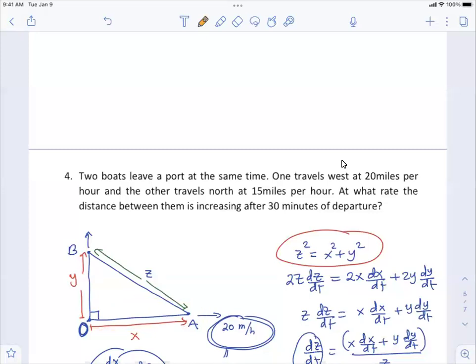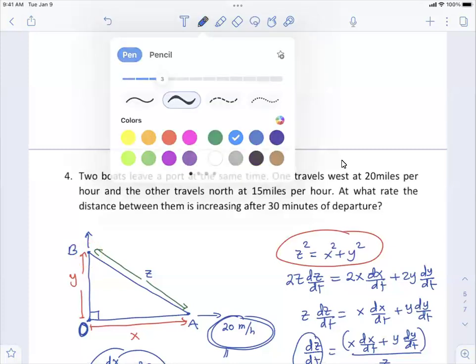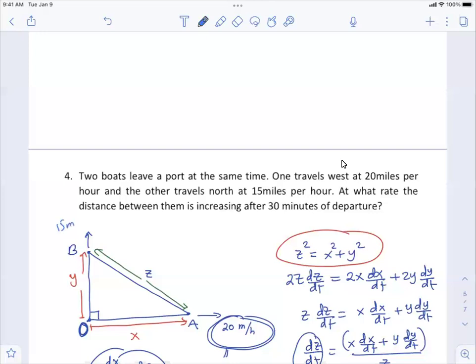It doesn't really change anything in the final answer. So for convenience, I put it towards east, and that is boat A. It's going towards east at a speed of 20 miles per hour, and boat B is heading towards north at a speed of 15 miles per hour.